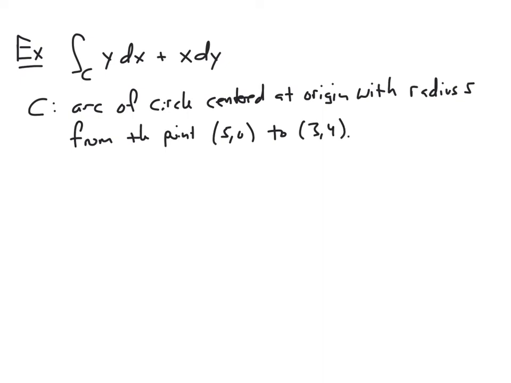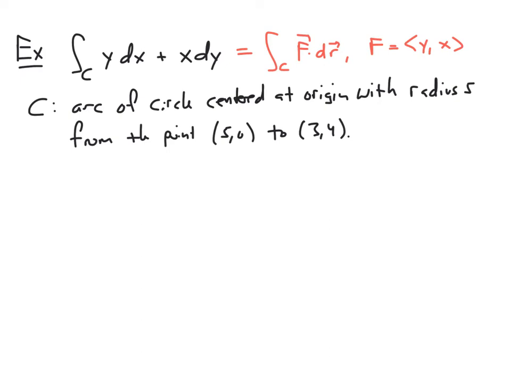Right, now the first thing to remember is that this is a line integral of a vector field. In fact, it is the line integral over the same curve C of this vector field F, where F is the vector field (y, x). These are the component functions of our vector field.